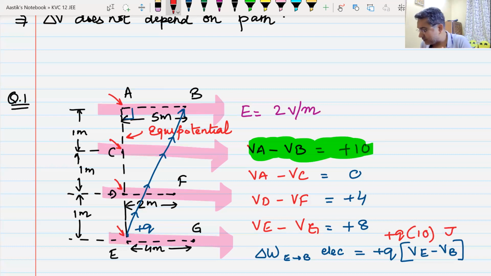Do you remember what these arrows that I drew were? What was the meaning of this arrow? Equipotential. What do you mean by equipotential?